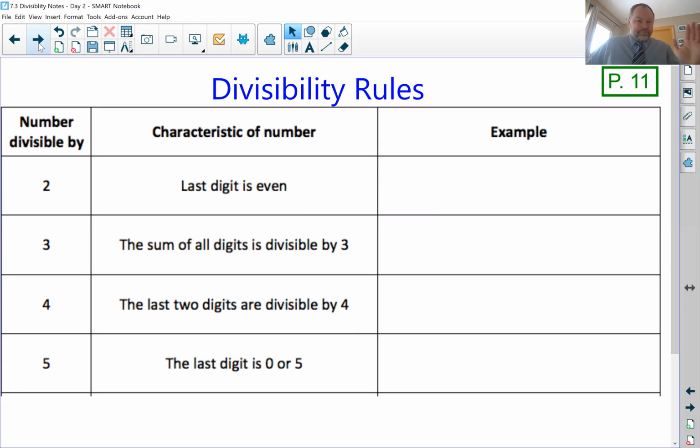For 2, all you have to do is look at the last digit of a number. If it's even, the number is evenly divisible by 2. If it's not even, then it isn't evenly divisible by 2.